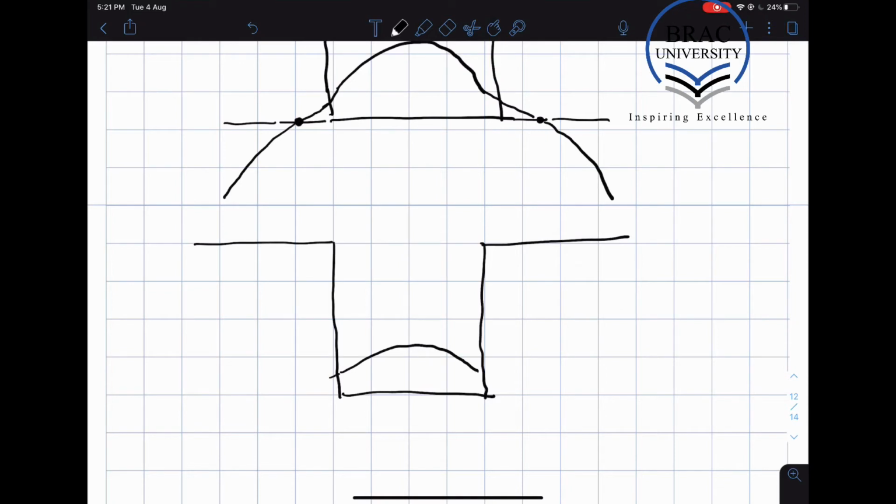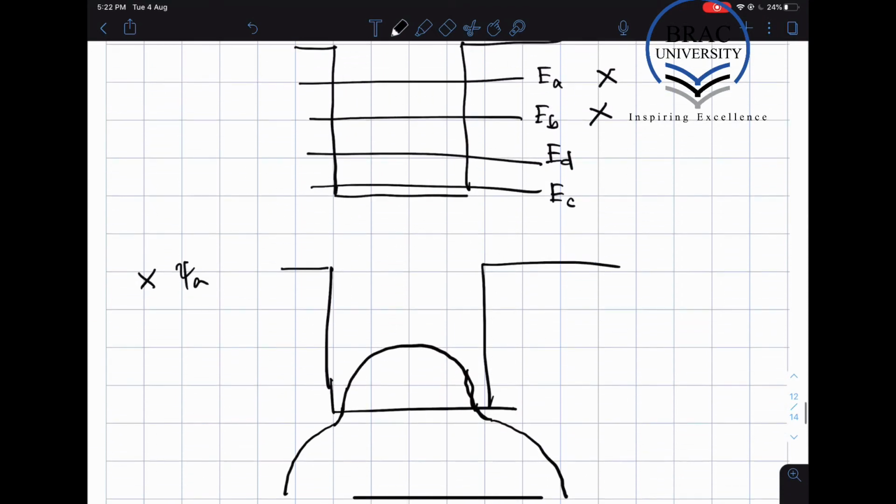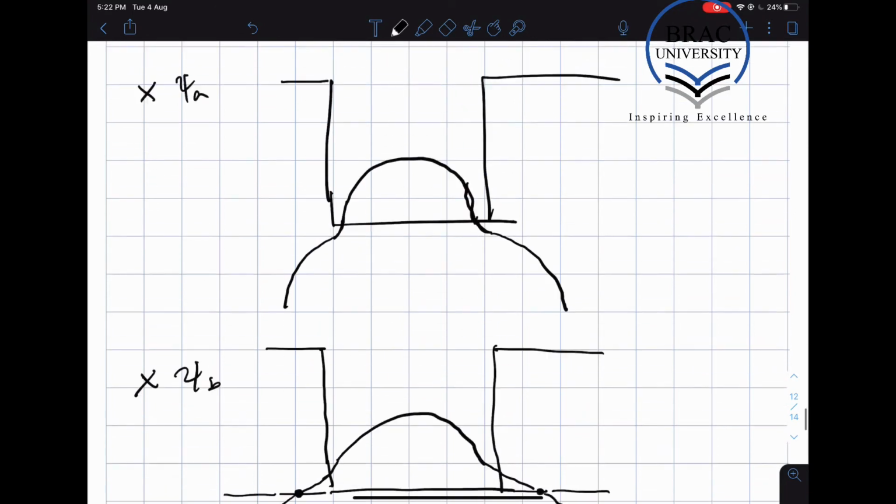But as it enters region 2, it never reaches the x-axis. It just curves away from the x-axis, and therefore we see that this also is exponentially blowing up in region 2, and therefore psi C is also not an acceptable wave function. So this is not an acceptable energy.